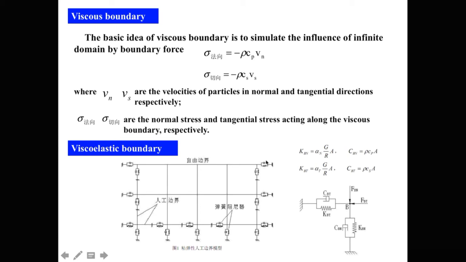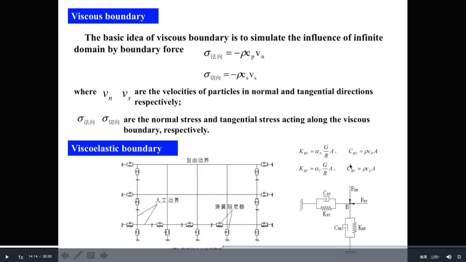Then it can provide the energy dissipation and the elastic resistance. And in this viscoelastic boundary, the stiffness Kbn equal to alpha n times G over R times A, and Kbt equal to alpha t times G over R times A.